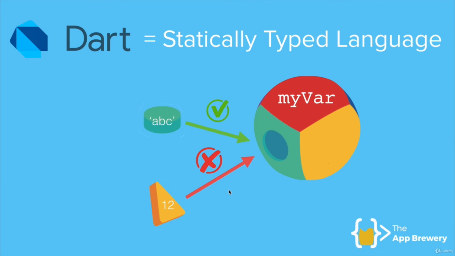And we also talked about how Dart can be a statically typed language, because once you create a variable that has a fixed type, then it won't accept values that are of different data types. But we also saw how Dart can have this dynamic typing, which makes it a lot more similar to dynamically typed languages such as JavaScript.